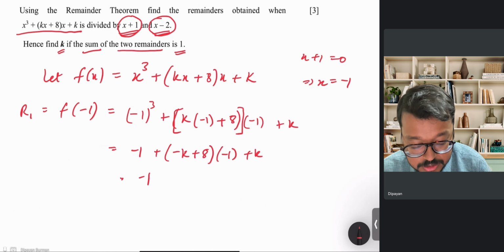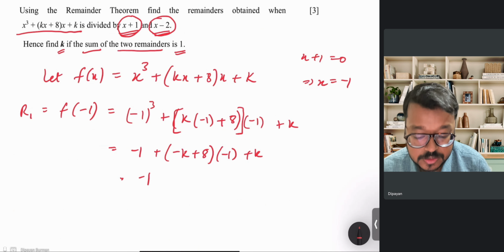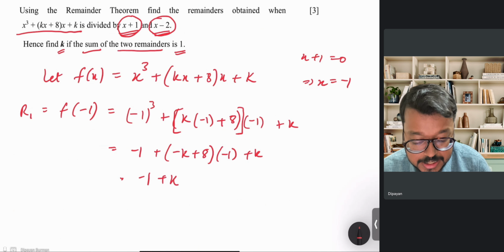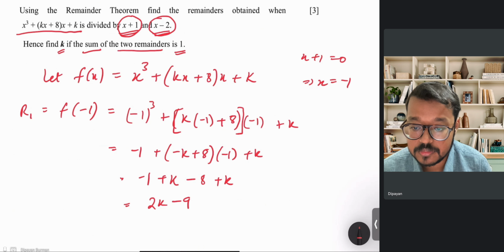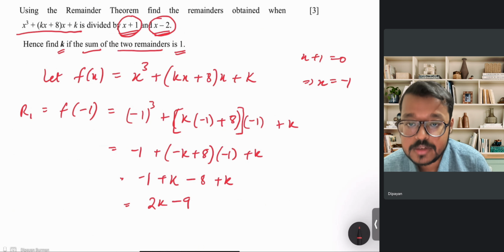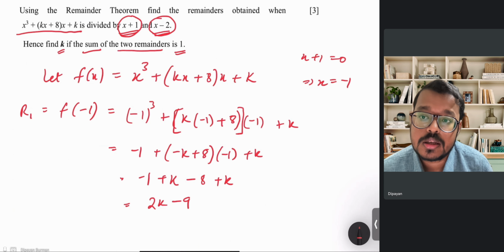So minus 1 minus k into minus 1 is plus k. 8 into minus 1 is minus 8. So k plus k is 2k. Minus 1 minus 8 is minus 9. So this is the first remainder when I divide with x plus 1 as the divisor.